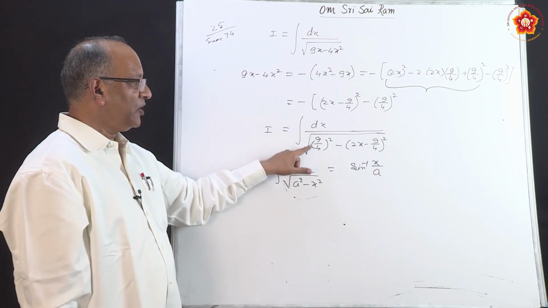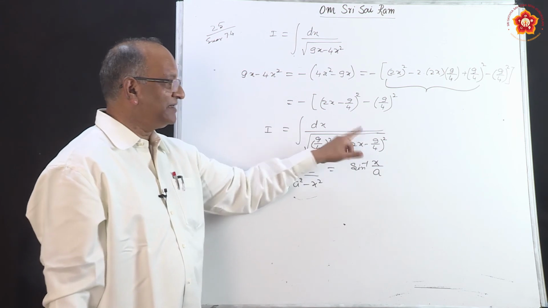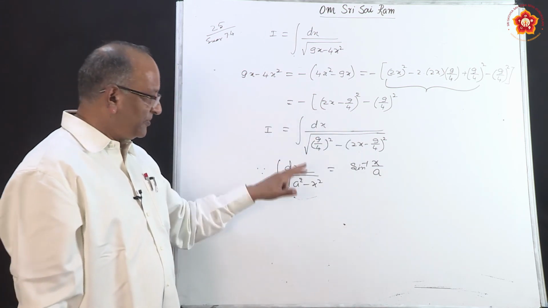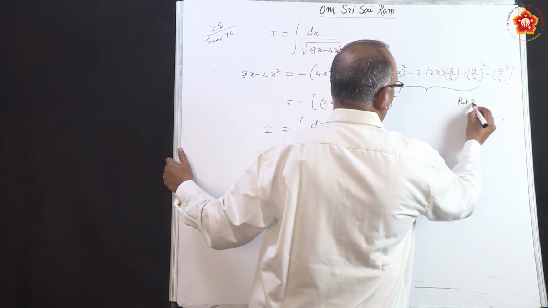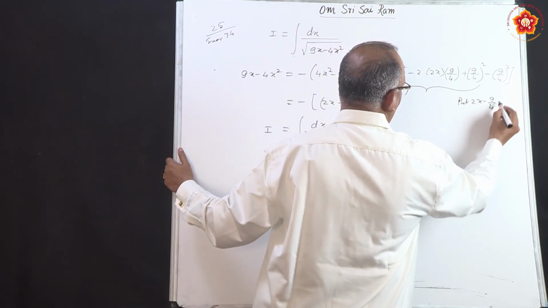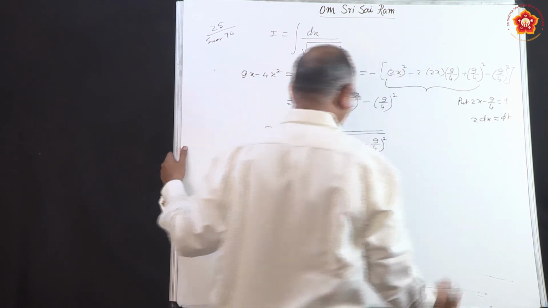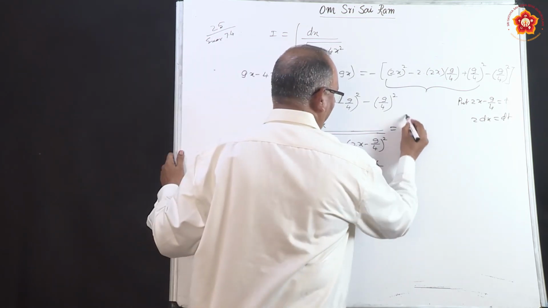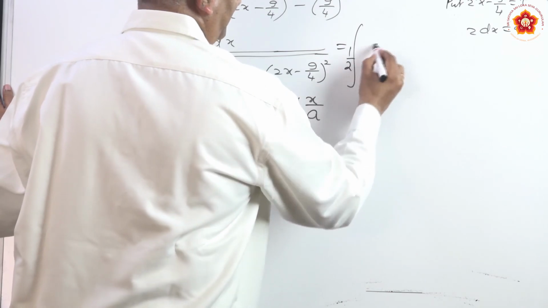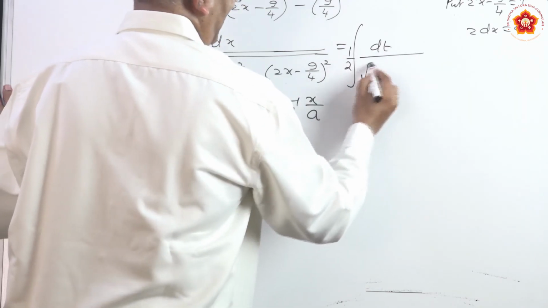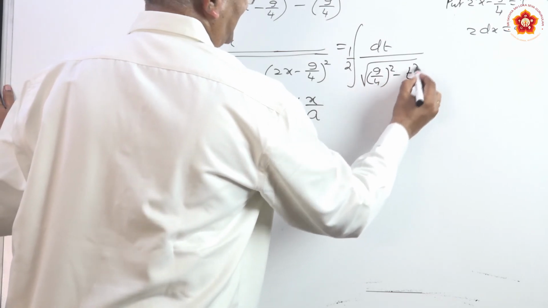In place of a you have got 9 by 4 square, but in place of x you have got 2x minus 9 by 4. So, before you apply this, what you can do is put 2x minus 9 by 4 as t, you will get 2 dx equal to dt. So, this problem can be written as dx becomes 1 by 2 dt upon under root of 9 by 4 square minus t square.